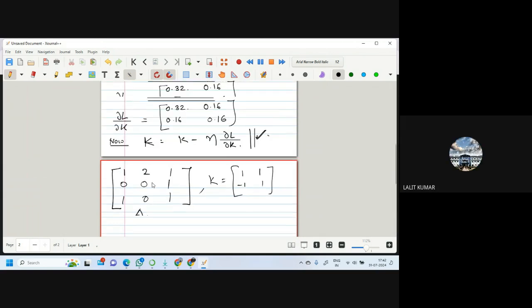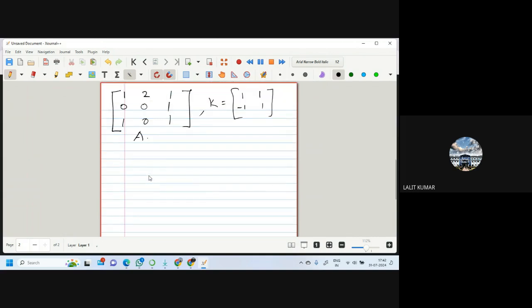Now, if your stride is different, what you have to do for a single stride, your B was, see, if you start from 1, 2, 3, 1, 2, then this is A11 into K11 plus A12 K12 plus A21 K21 plus A22 K22. Is this clear? This is the convolution operation which we have done.